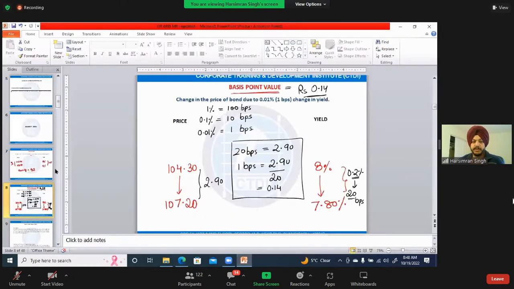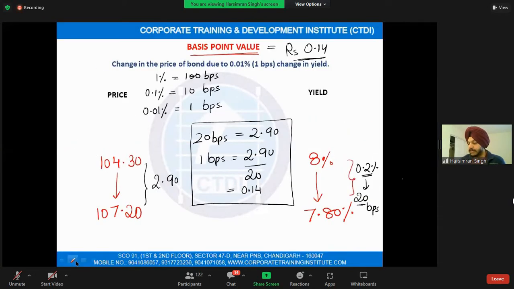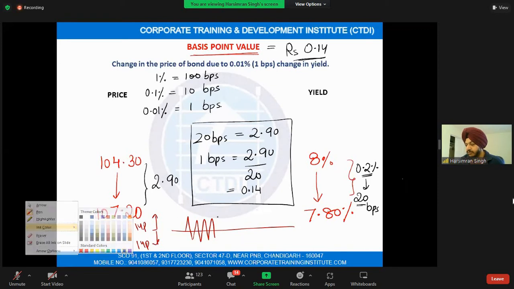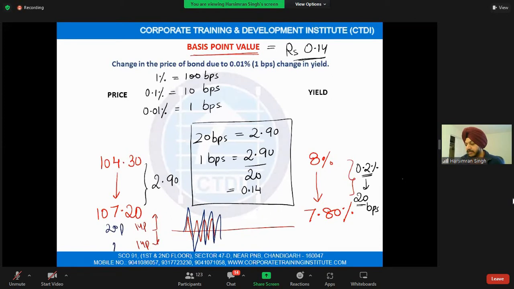Higher the BPV, higher the risk. Simple. Look here. Now let us say there is a bond. In this case, bond number 1, due to 1 basis point change, the price fluctuates by 14 paisa up and down. But suppose there is another bond which fluctuates 20 paisa up and 20 paisa down, which is more risky? 20 paisa.